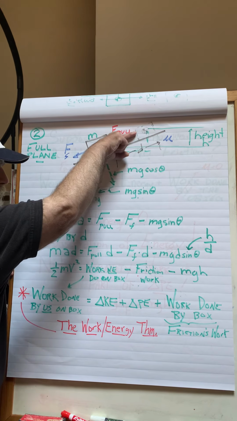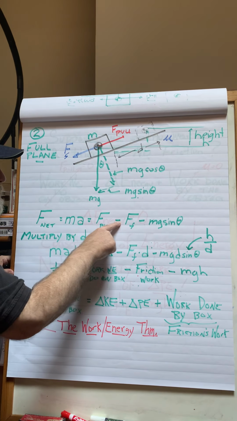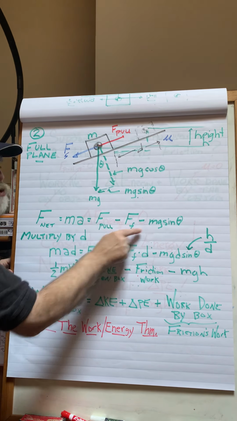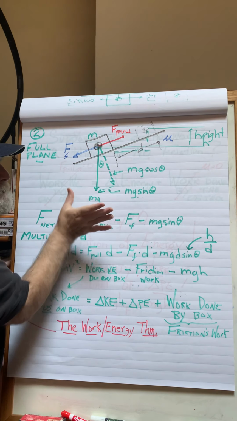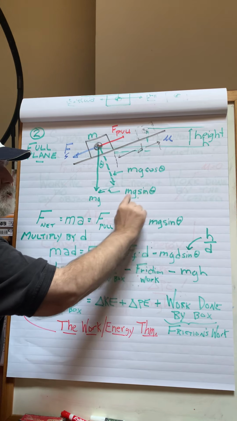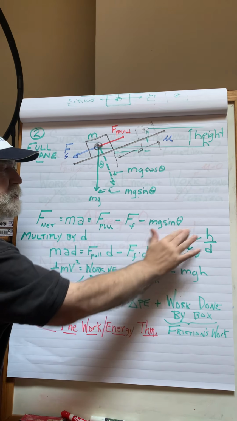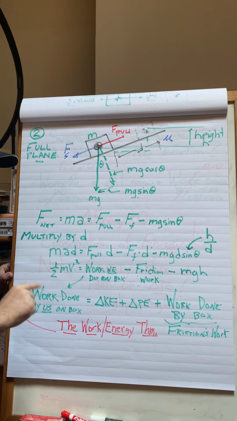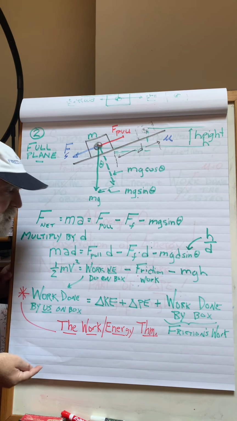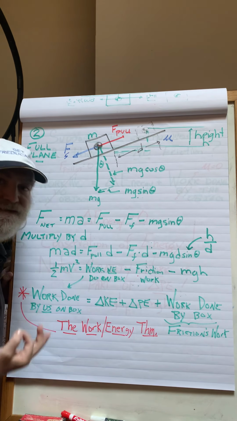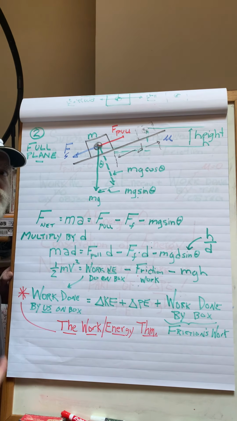It's F pull in this direction minus the force of friction minus the gravity force created because there's a tilt. That's mg sine theta. So we have this as our Newton's second law equation, which easily turns into the work energy theorem by multiplying through by the distance d, because force times distance is work, and work is energy.